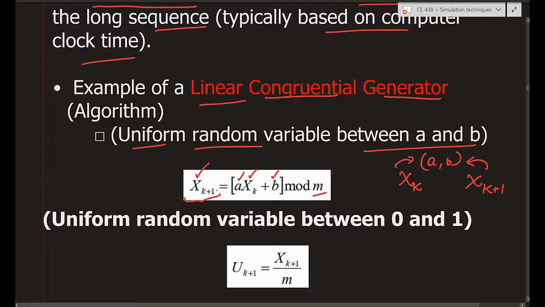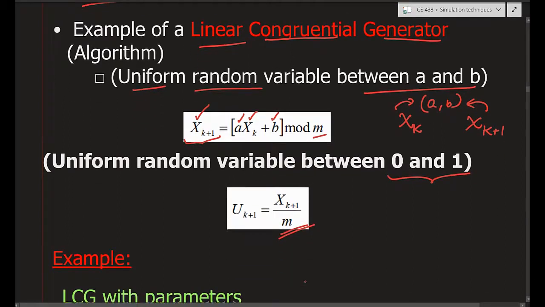If we want to convert this random number to between 0 and 1, then we have to divide by m. So xk plus 1 divided by m will give me a uniform random number between 0 and 1. Let's call this random number uk plus 1, so uk plus 1 equals xk plus 1 divided by m.